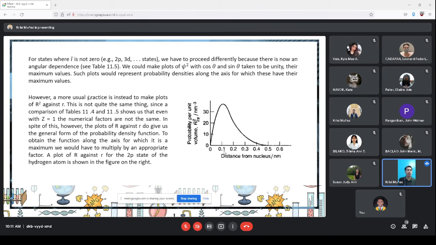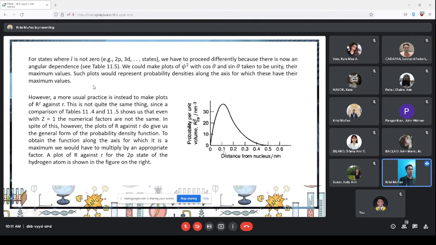So pwedeng along the x-axis, the y-axis, the z-axis, and they could assume different shapes. Like they could have a dumbbell shape for the p orbitals. They could have a clover shape for the d orbitals, and a donut shape for the z squared, our d orbital. And then for f orbitals, super complicated na sila. But then you would know, class, na hindi sila spherical lang, right?